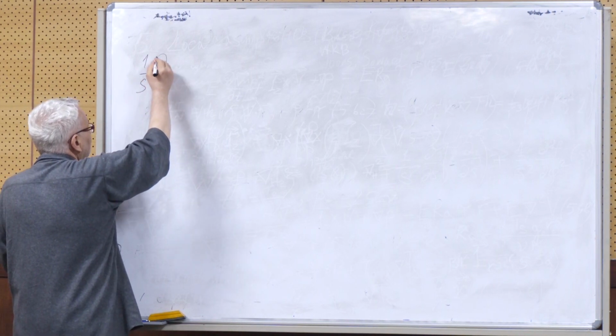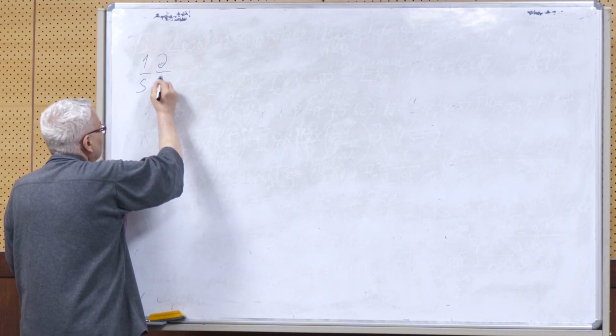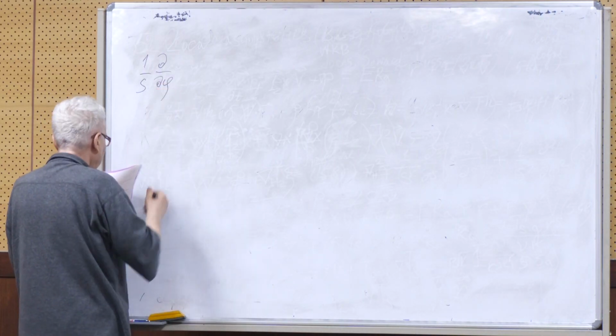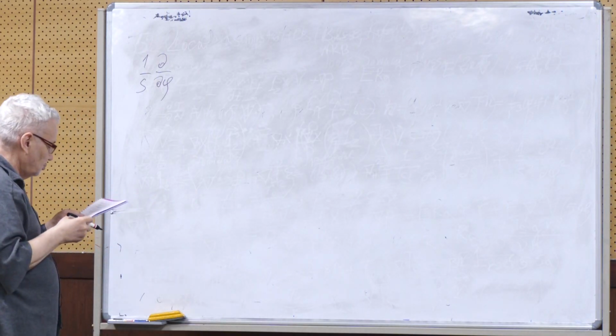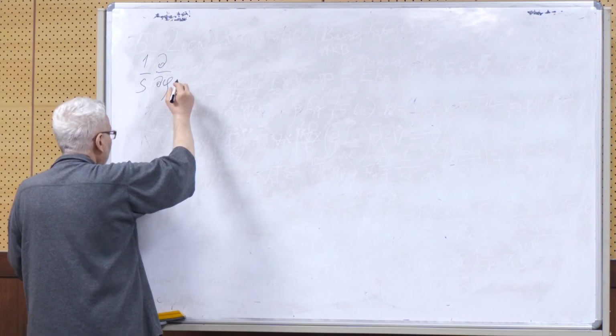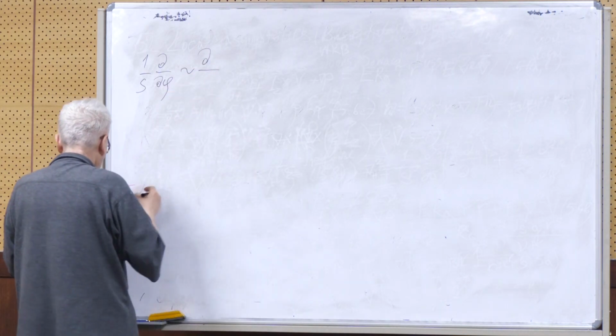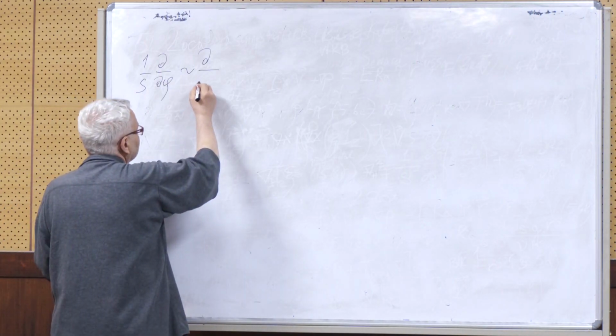They consider derivatives in the azimuthal direction, and they suppose that they are of the same order as derivatives in the cylindrical direction.